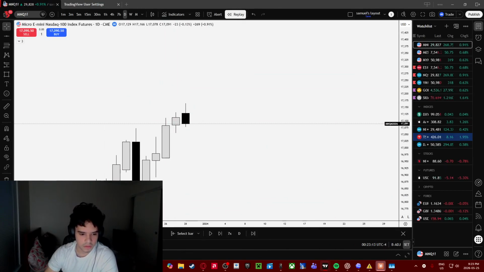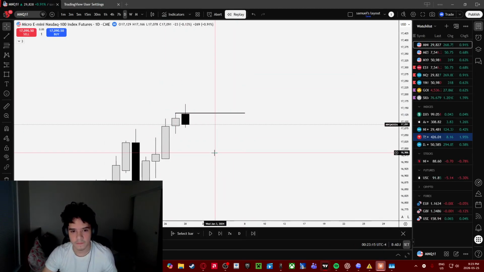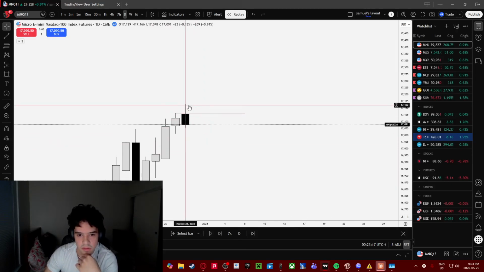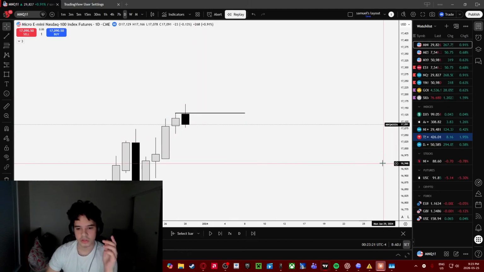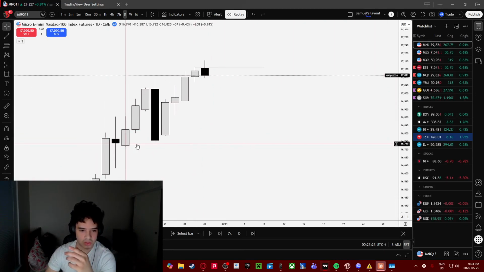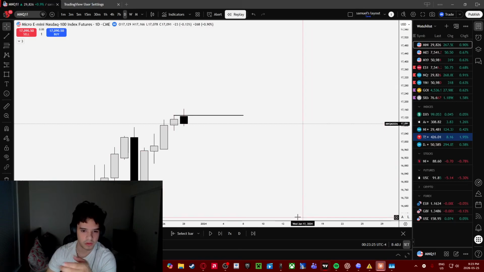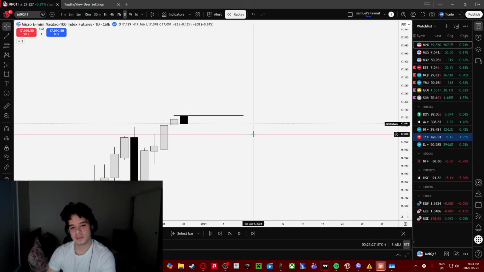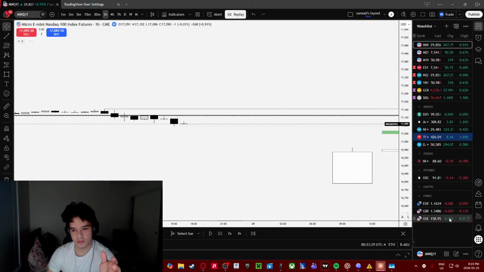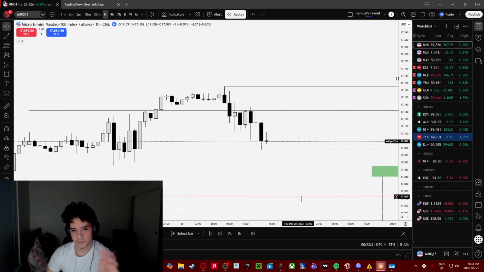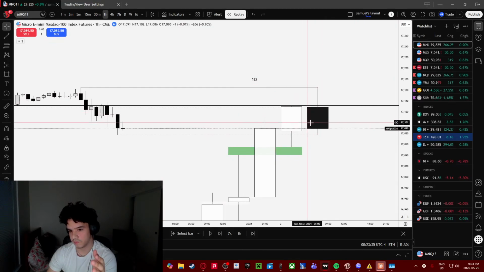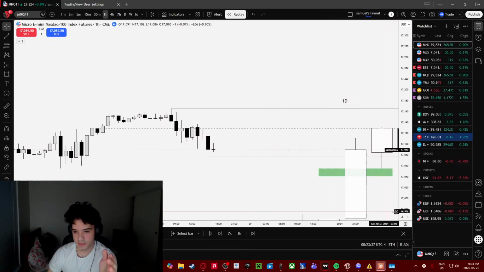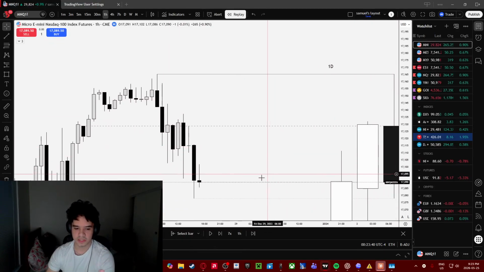So you have the closure below the point of interest, and you have to confirm that to see if this is a valid reversal. Going back to what we said about changes in state of delivery and fair value gaps, what you need to see in the middle time frame, which is the time frame you go to after you confirm the reversal on the daily, is those things playing out.